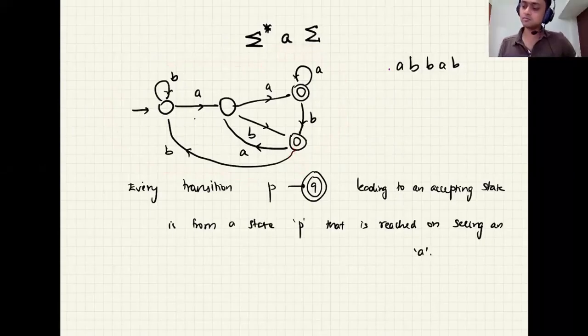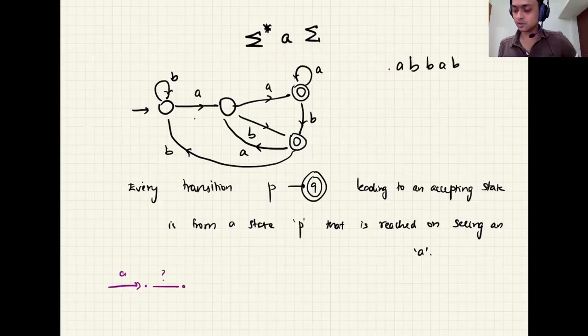See, let's try to see what we want. We want to read an A, then read some letter and stop. Hopefully this is the last thing that is seen. But what if there are more things?